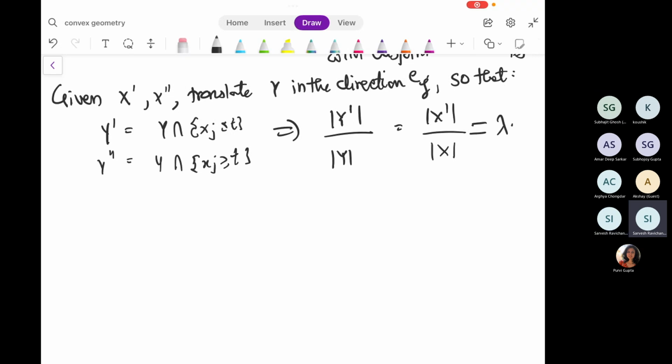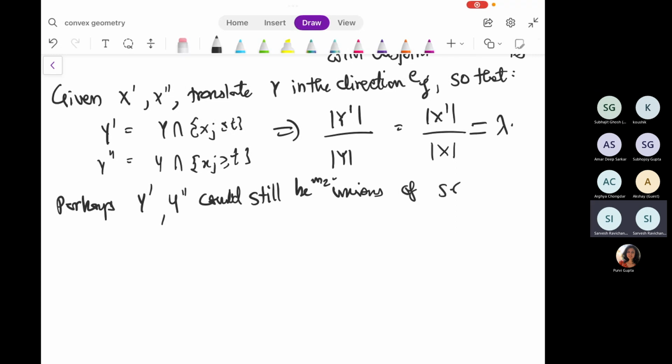So y prime, y double prime could still be unions of M2 SCPs, but it doesn't matter because we've managed to reduce M1, and that allows induction, right? So how would induction work? It would work as follows.